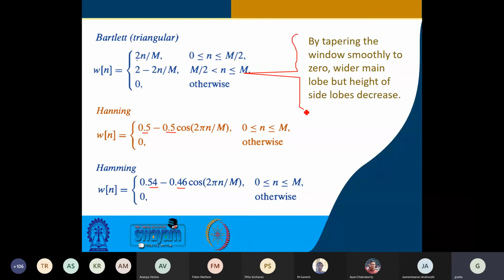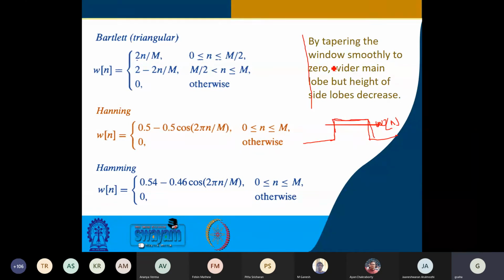The governing principle over here is tapering the window smoothly to 0, instead of the kind of window we had. Now we are talking about the time domain, w[n]. Don't mix it up with the frequency domain. The frequency domain was like a brick wall, that is the desired H(e^jω). That is a different thing. So this is the rectangular window we are talking about.